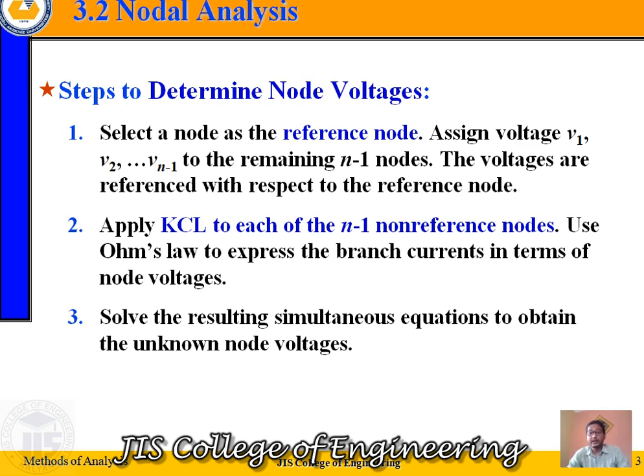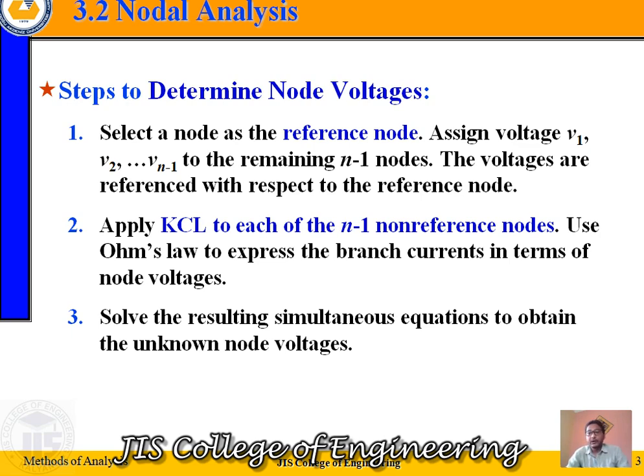Just remember, whatever the number of nodes, we consider only one node as the reference node, having a voltage of 0. It means the reference node is at ground potential, and for all the remaining nodes we consider voltages like V1, V2, V3, V4, and these are nothing but the unknown voltages. Our aim is to find these unknown voltages. If we can find them, our circuit is solved. So there is no problem at all.